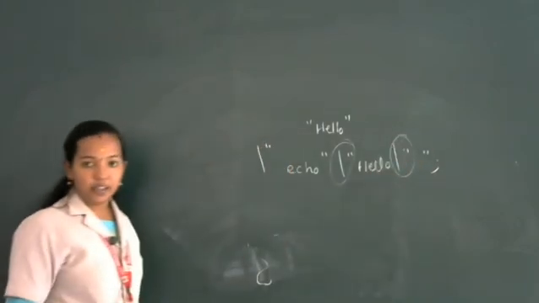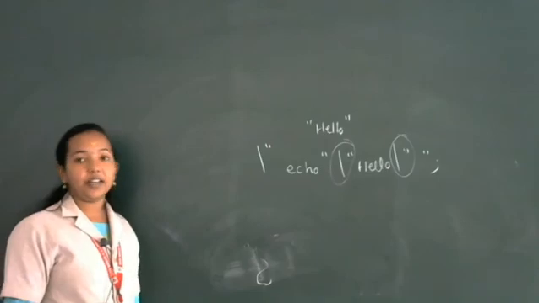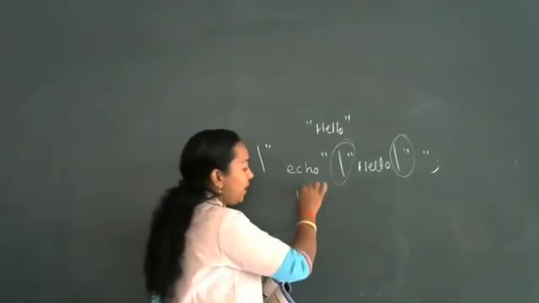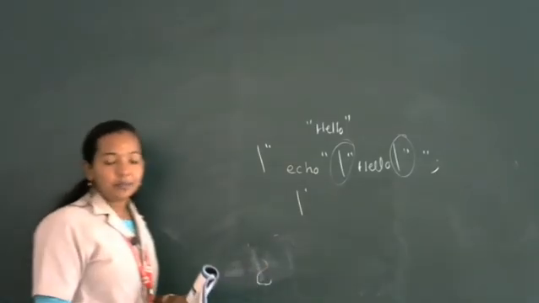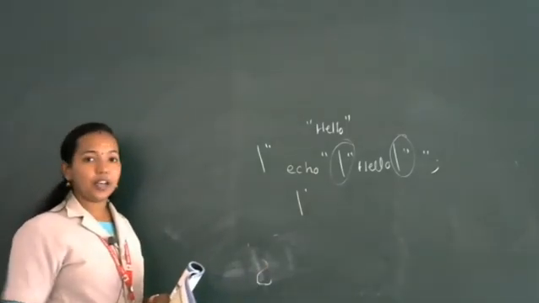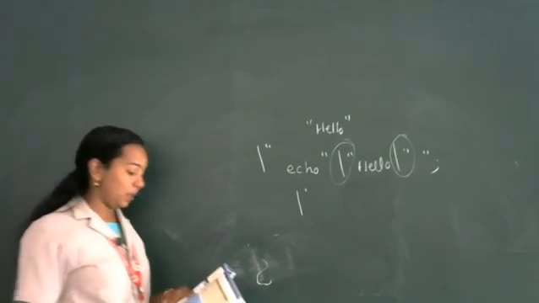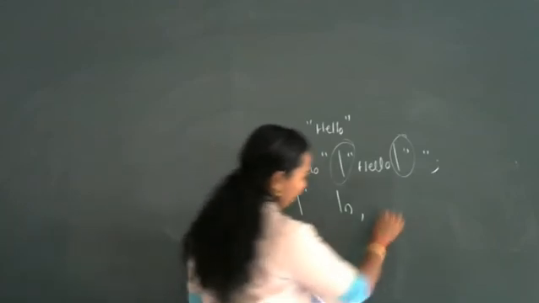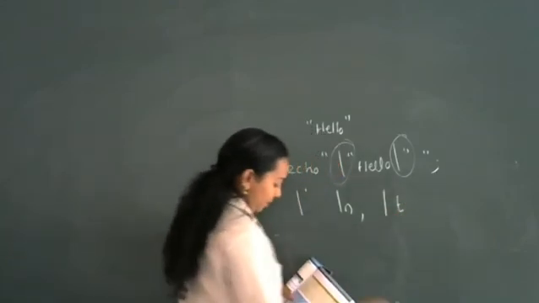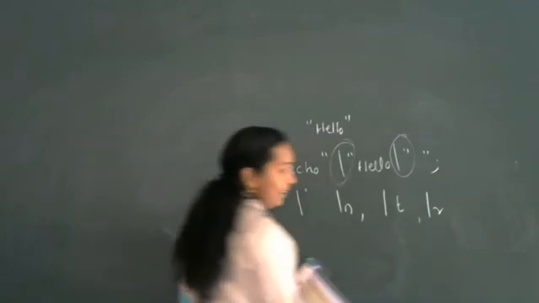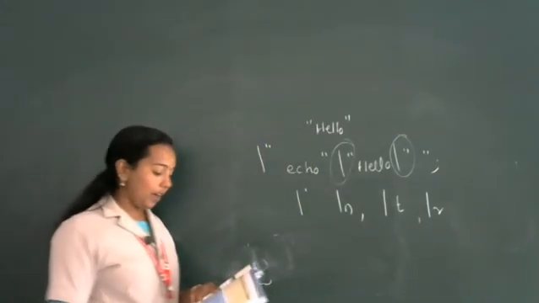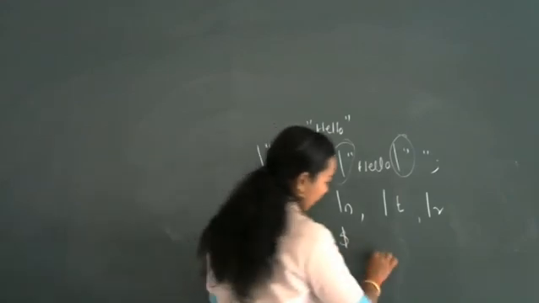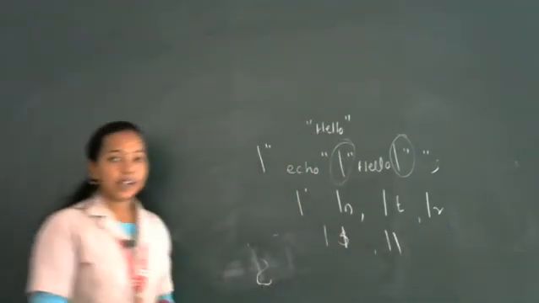Backslash double quote, then automatically double quotes will come in the output. For printing a single quote we can use backslash single quote. To print a new line, backslash n; to print a tab, backslash t; carriage return or enter, backslash r. To print a dollar symbol, backslash dollar; one more is the backslash, double backslash.